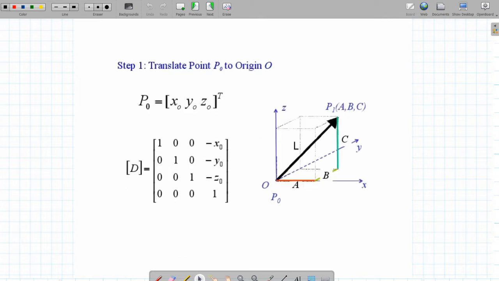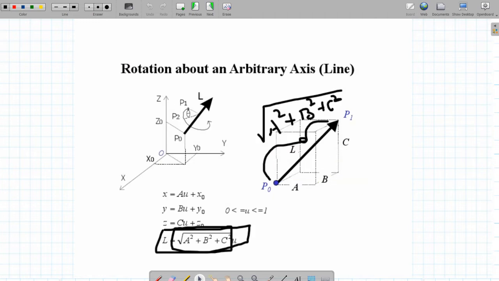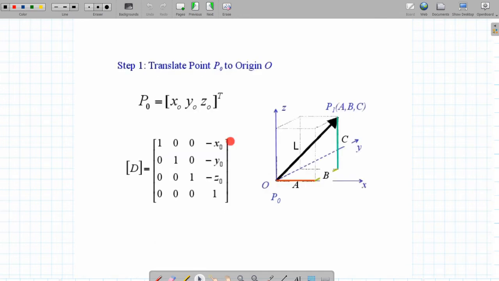Next, as we have discussed before, first you have to translate everything so that your arbitrary axis, in this case the line L, passes through the origin, and it can be achieved by this translation matrix.